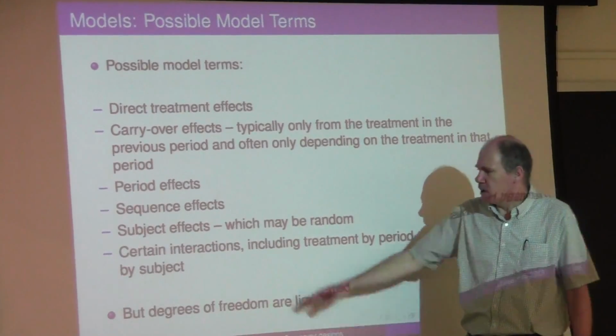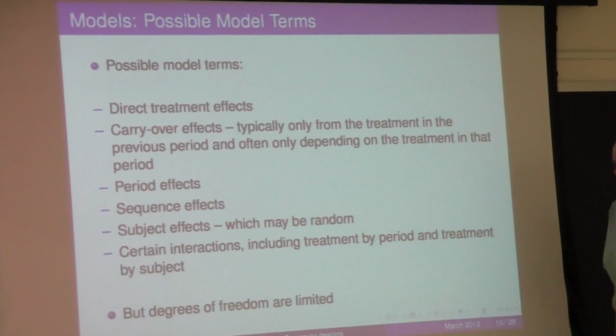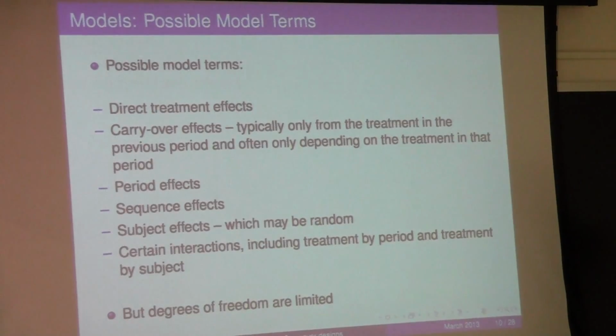But then there are other effects that people include in the models, the sort of interaction terms that are sometimes included. So this is a treatment by period, or treatment by subject interactions. And sometimes that's a reasonable thing to do. But you know, degrees of freedom are limited. These tend to be fairly small experiments, small number of subjects, small number of periods. So you can't have too many terms in your model.